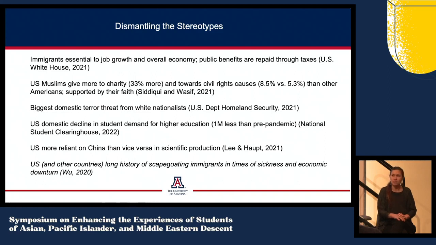And this is not just situational. It's not just in the current times. The US has a long history of scapegoating immigrants. This is what politicians do. When there's an economic downturn, when there's a recession, when there are challenges happening at home, throughout history we've seen over and over again, you blame the foreigner, you blame the immigrant.